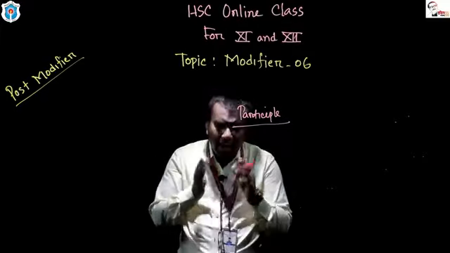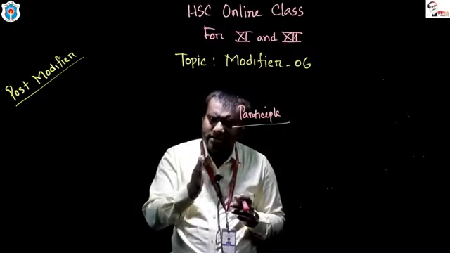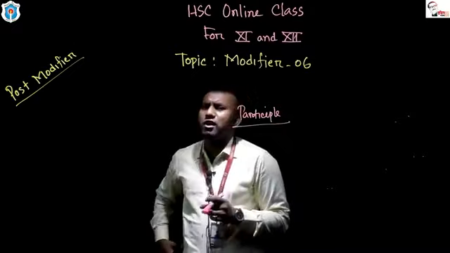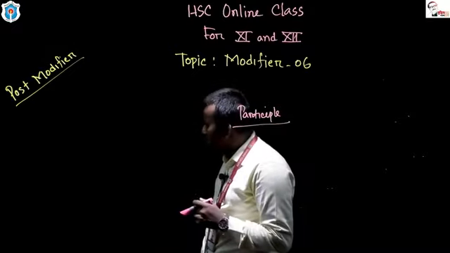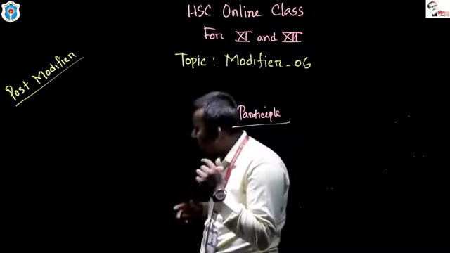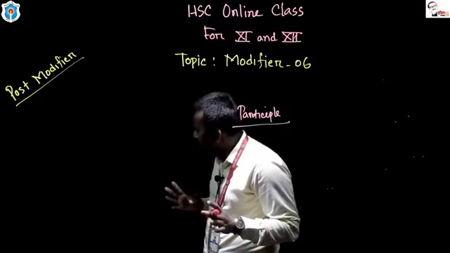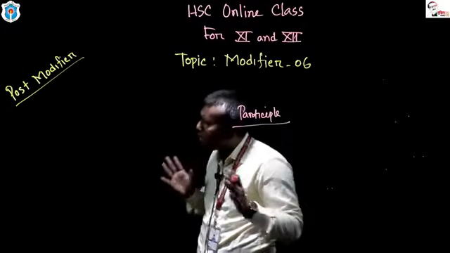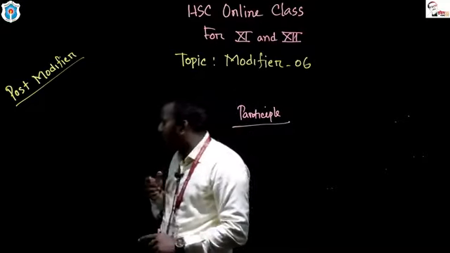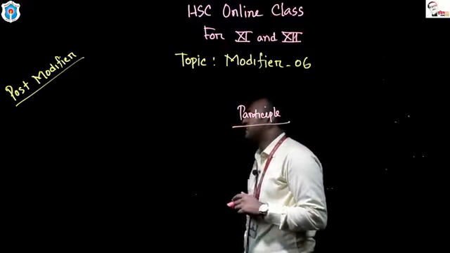That means if any form of verb works as an adjective, that form of verb will be called participle. Is it clear to you, my dear students? So participle works as verb and adjective at a time. Participle is always a form of verb, but whenever this form of verb works as an adjective, it's called participle.